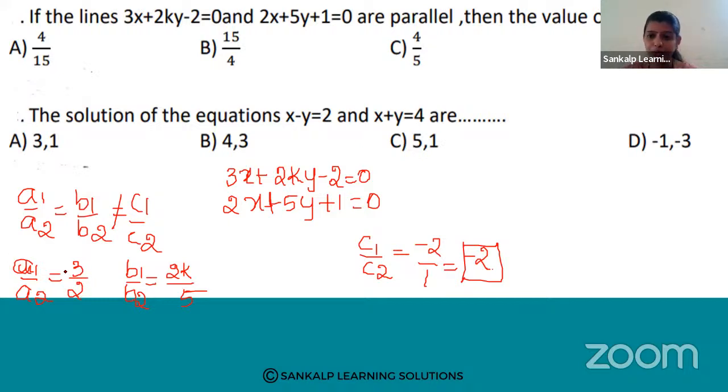A1 divided by A2 value is 3 by 2. Even when we calculate B1 divided by B2, we need 3 divided by 2. So to get 3 divided by 2, which value are you going to substitute here? That is the value of k.